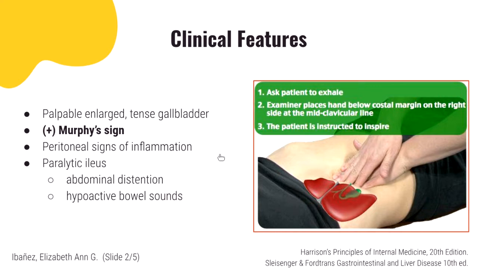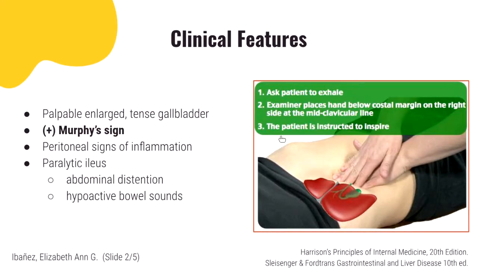The patient is asked to exhale, and then the examiner places the hand below the costal margin in the right upper quadrant. You're saying the patient has to exhale to set Murphy's sign? Inhale po. Why inhale?